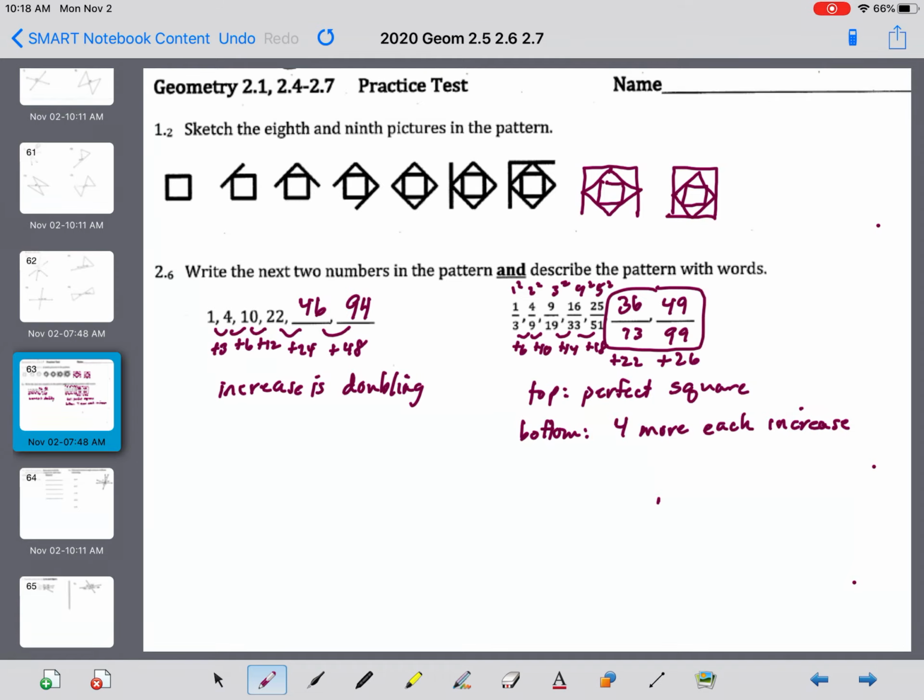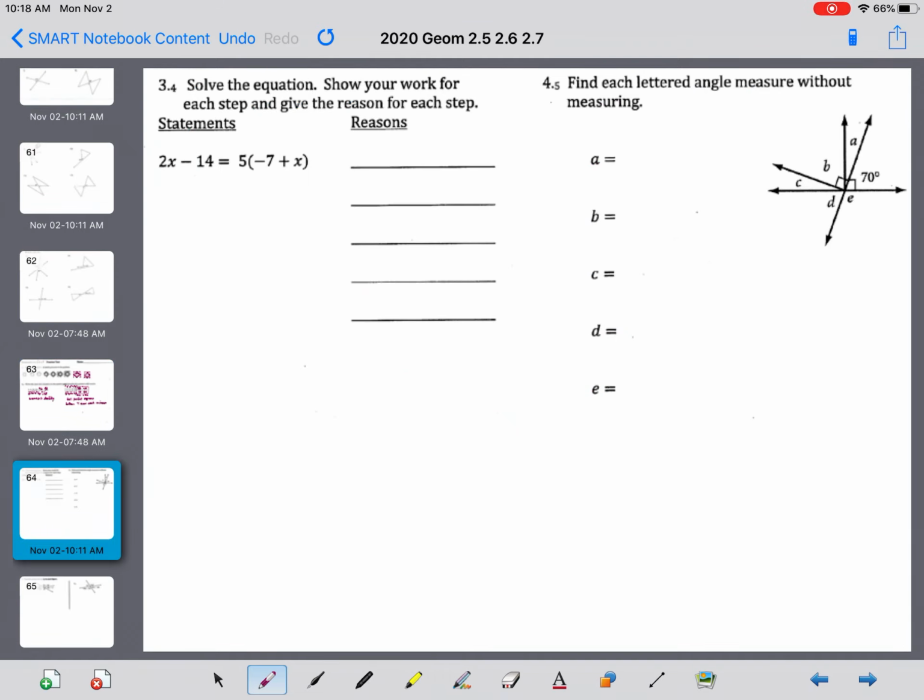All right, next we move to number 3, fill in the reasons. Let's solve the equation, show your work, and fill in the reasons for each step. So first reason, get your easy point, given. So I'd have 2x minus 14. I'm going to use the distributive property. Negative 35 plus 5x. Distribute.